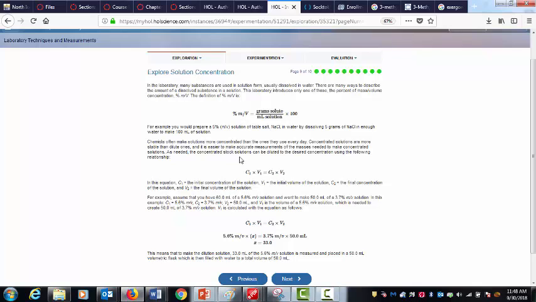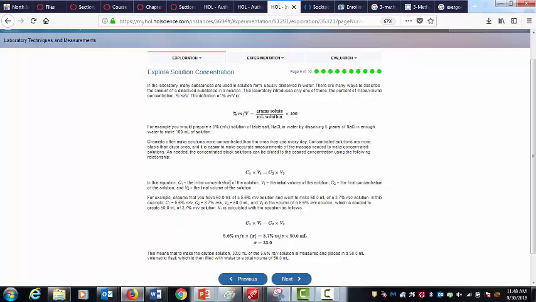There are lots of different ways we can measure concentration, but that's what we're going to do today. So mass per volume. So we calculate that by taking the grams of the solute, which is what we dissolve, over the milliliters of solution, which is what we have when we add the salt to the water. That will be our solution. And then we multiply it by 100 to get our percentage. So that's going to be our concentration.